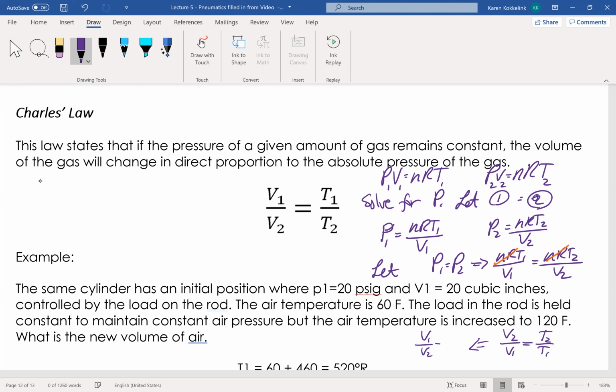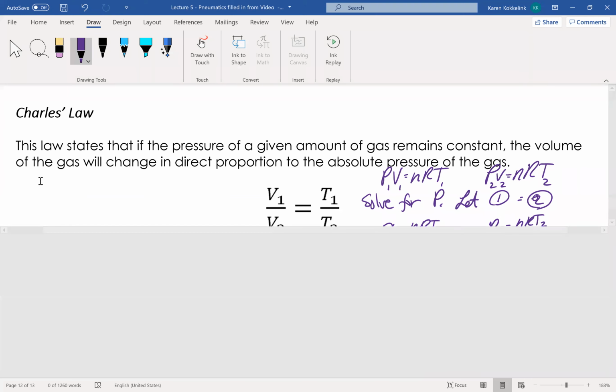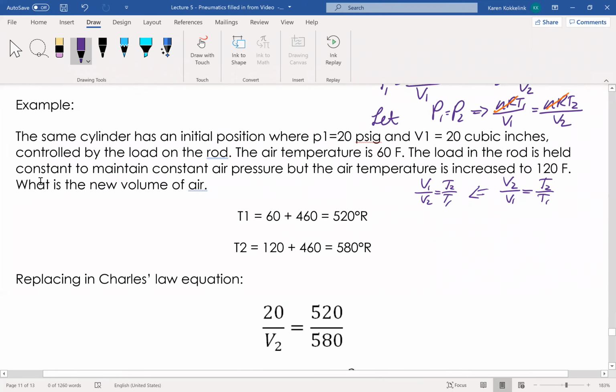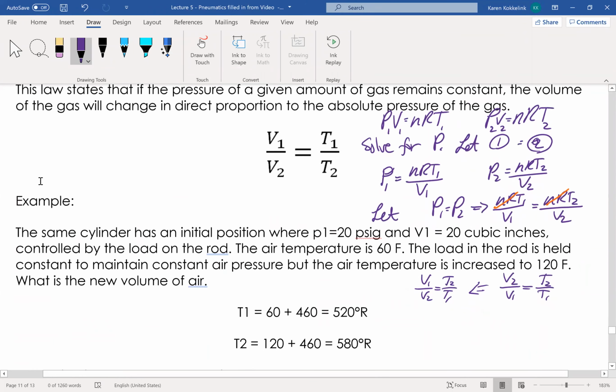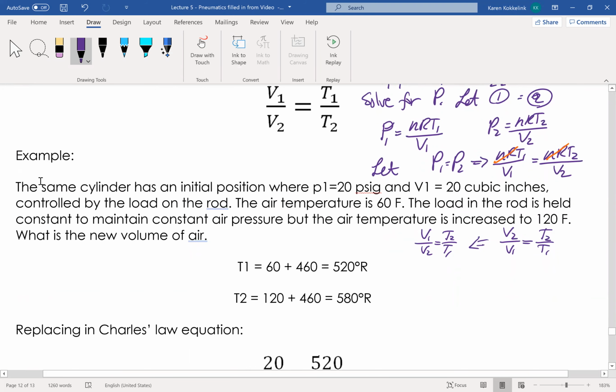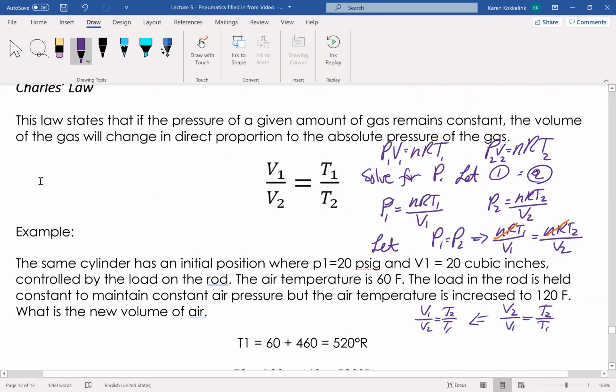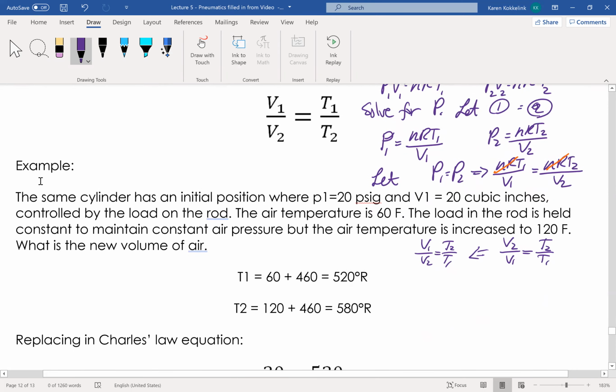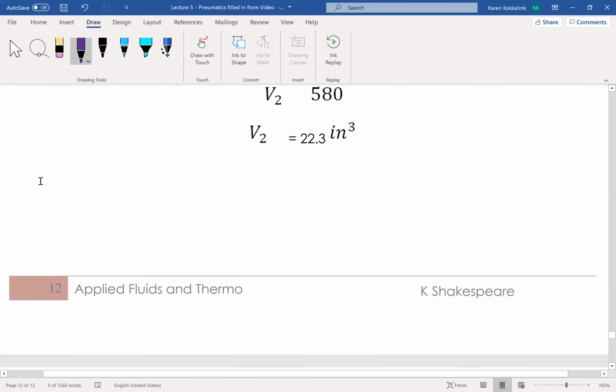V1 over V2 is equal to T2 over T1. But again, all I did is PV equals nRT equal to PV equals nRT. Solve for the variable you don't want, set them equal to each other, cross out the N and R. And what did we call that one? That one's called Charles' law. No disrespect to Charles' law, but I don't usually remember the name of it. It's just PV equals nRT. Here's an application for that.